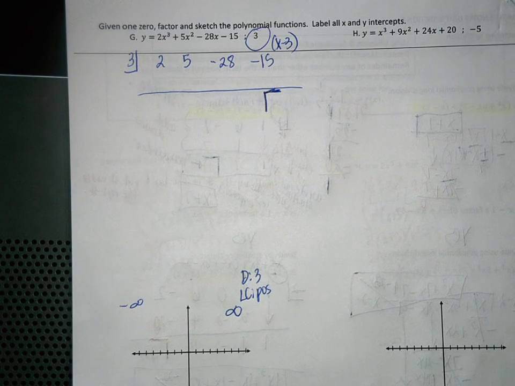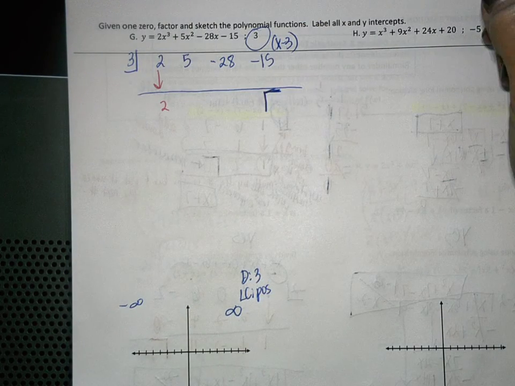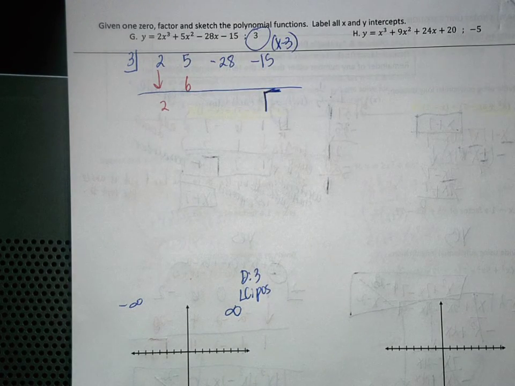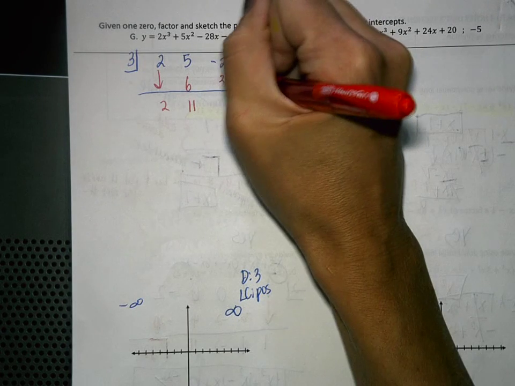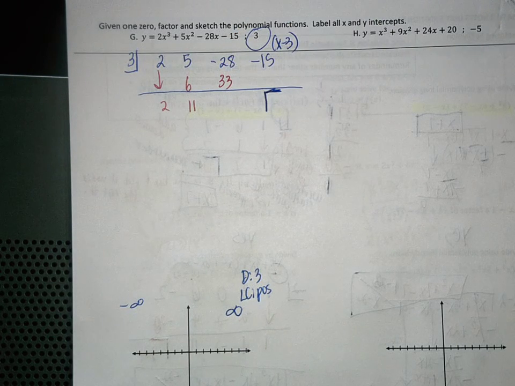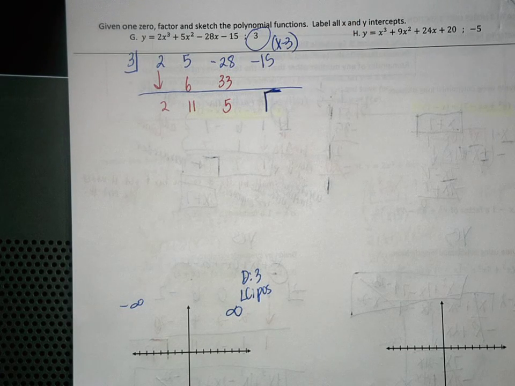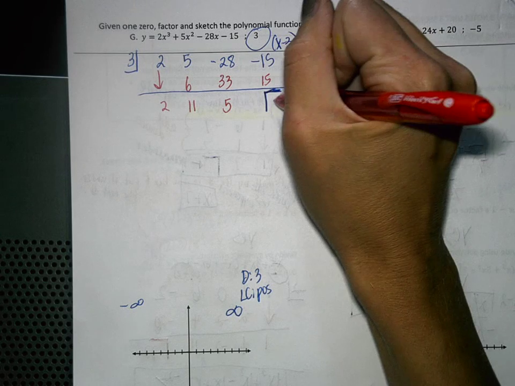So we bring down the 2. 3 times 2 is 6. 5 plus 6 is 11. 11 times 3 is 33. Negative 28 and 33 is 5. 5 times 3 is 15, and negative 15 and 15 is 0.